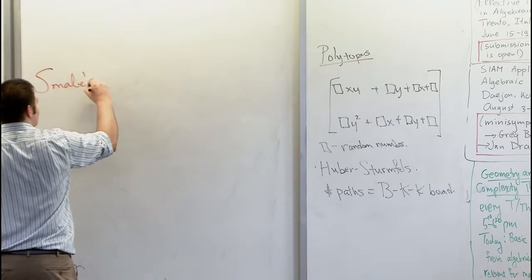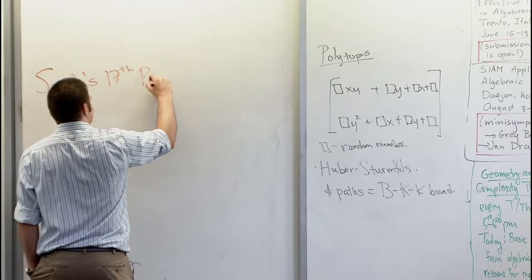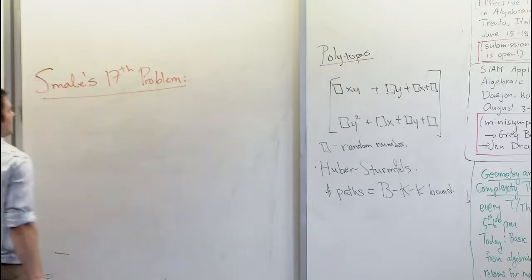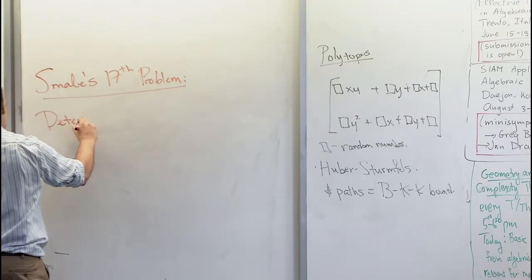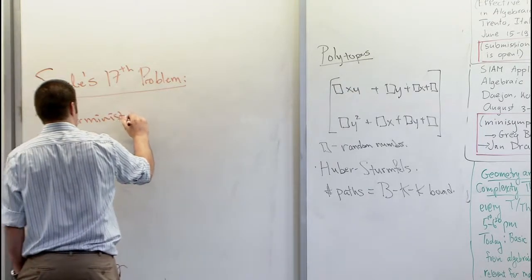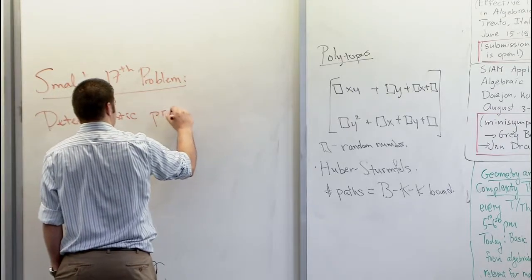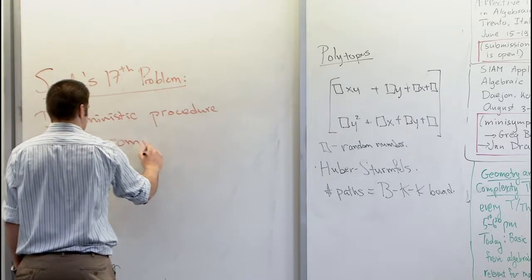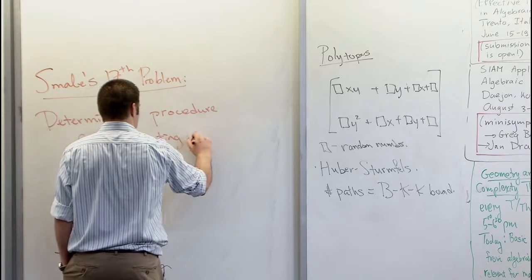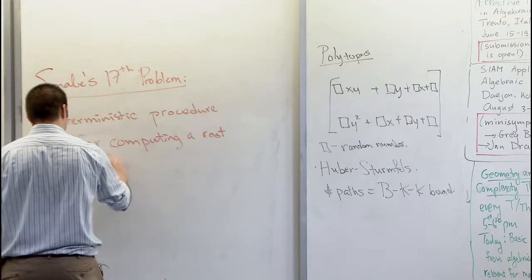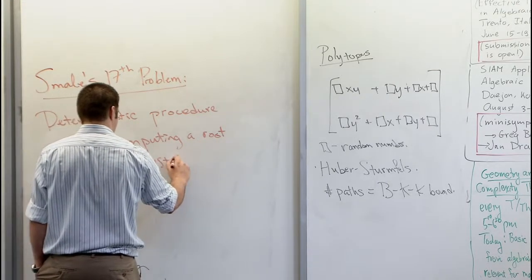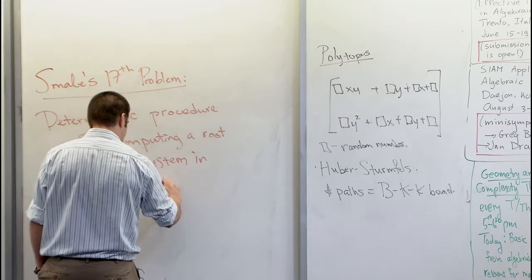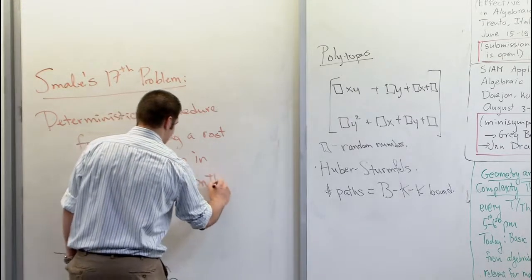At least let me state Smale's 17th problem. So the idea is I want a deterministic procedure for computing a root of a system in polynomial time on the average.